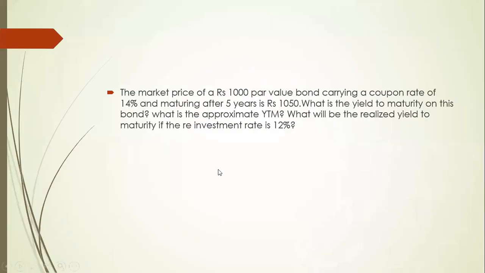So now we are with another problem. Here we will calculate YTM, that is nothing but yield to maturity. The market price of a rupees 1000 par value bond carrying a coupon rate of 14% and maturing after 5 years is rupees 1050. What is the yield to maturity on this bond?